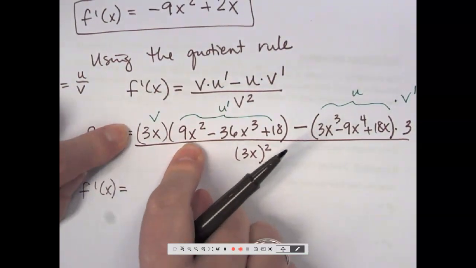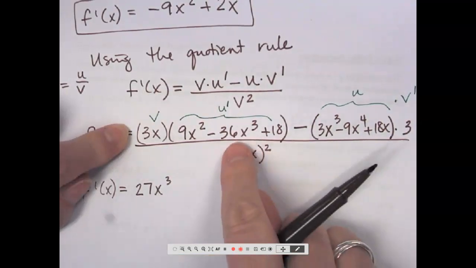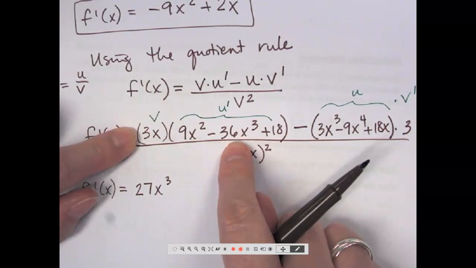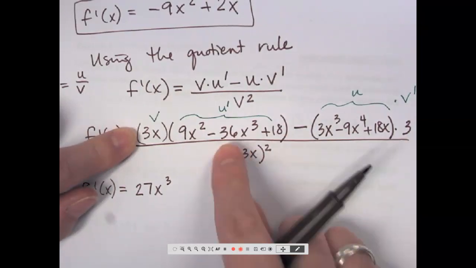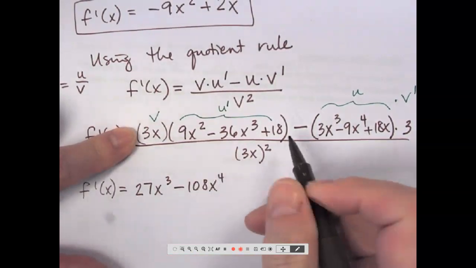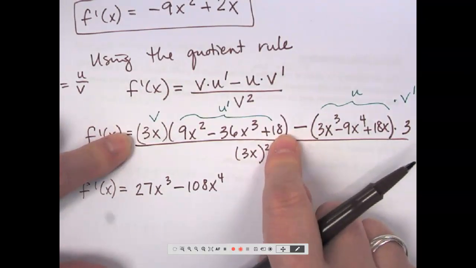Okay, 27x cubed. What's 3 times 36? 108, x to the 4. 18 times 3? 54.